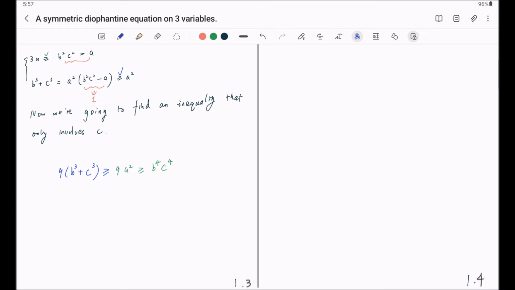Okay, now we're going to get rid of b. How do we get rid of b? We can get rid of b by the relation that b is greater or equal to c. On the right hand side, this is bigger or equal to b cubed times c to the power 5. But on the left hand side, because b is bigger or equal to c, this is less than or equal to 18 times b cubed.